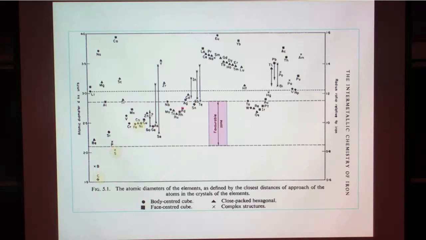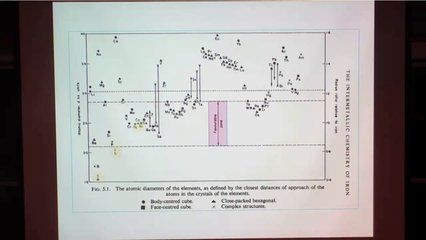So the simple way of looking at this is basically that there's a favorable zone where the radius ratio of the element relative to iron, if it falls in this zone, then it'll be substitutional. If it falls out of this zone, it'll be interstitial, okay? But it's not this simple because sulfur, for example, is substitutional even though it's not in this zone, right?